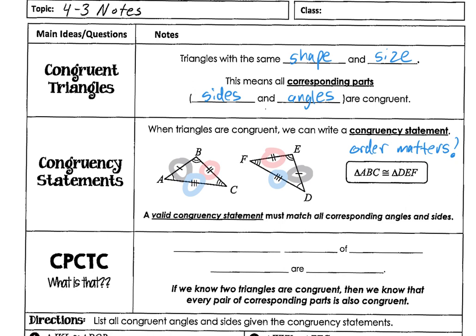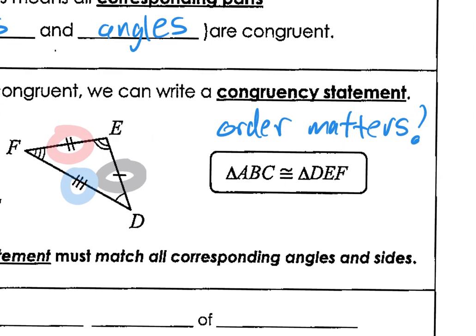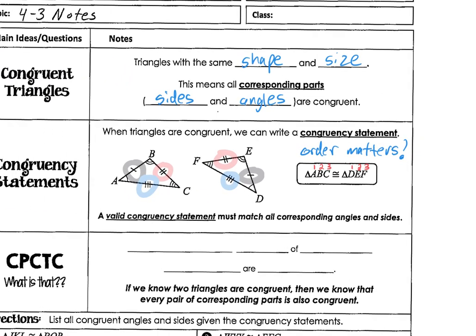As I said, order matters, so I want you to read the order of these letters here. It's kind of like a number system I like to use. A is going to match up with D, B is going to match up with E, and C is going to match up with F. So even if you don't see these markings, but you have this congruency statement, which is very important, you'll notice that all of the sides and angles match up based on the order of the letters in that statement.